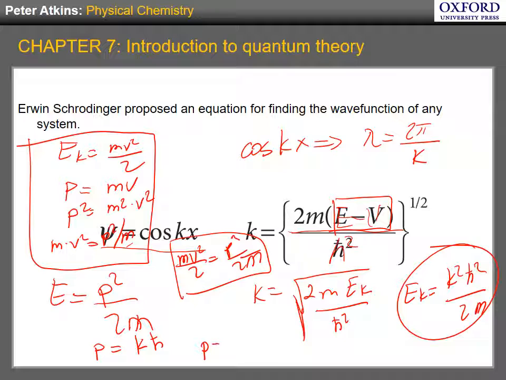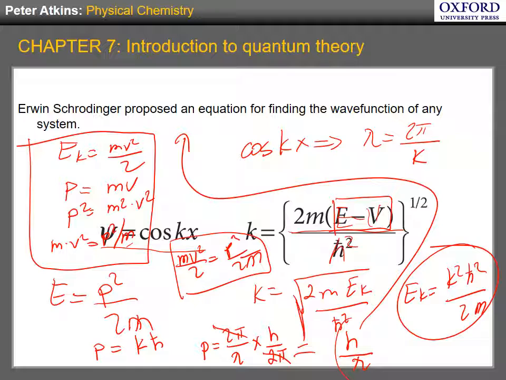P equals 2 pi divided by lambda times h divided by 2 pi. The 2 pi's go away, and what we have left is h divided by lambda. Now, let's rewrite this here. Momentum equals h divided by lambda.